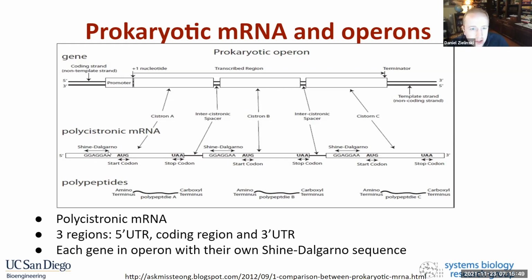You might have different Shine-Dalgarno sequences that are recruiting your ribosome to begin translation, so a ribosome binding site. But in general, this is yet another complicating factor, that these transcription units can involve multiple genes, and promoters and terminators can vary between different alternative transcription units.